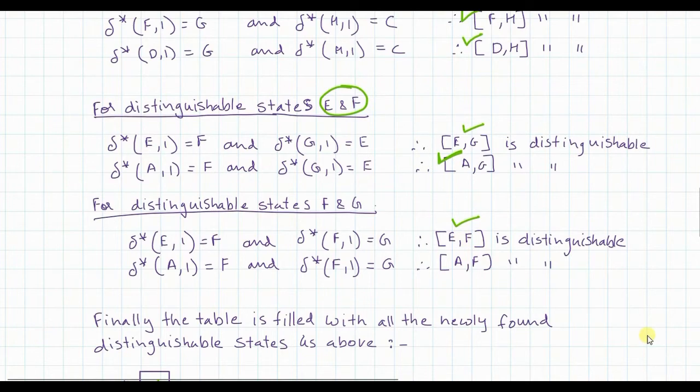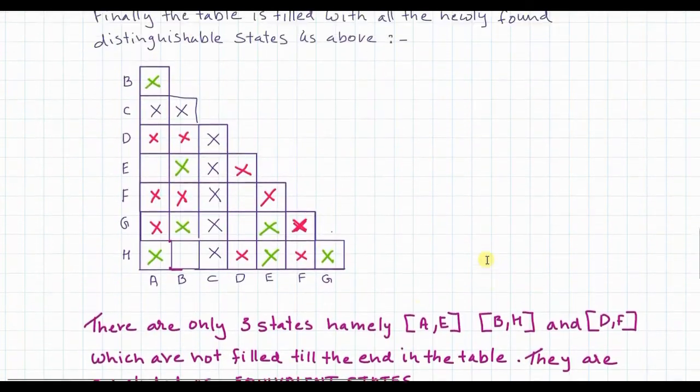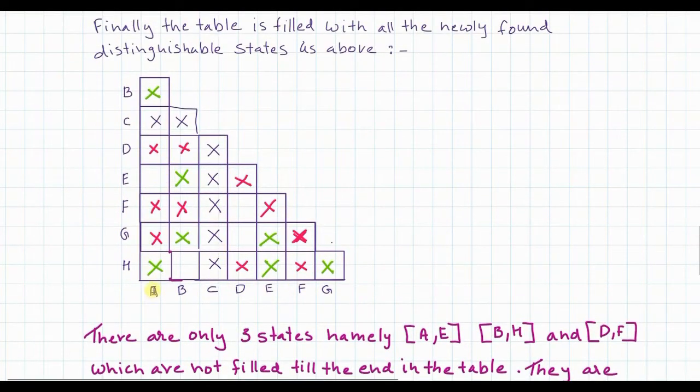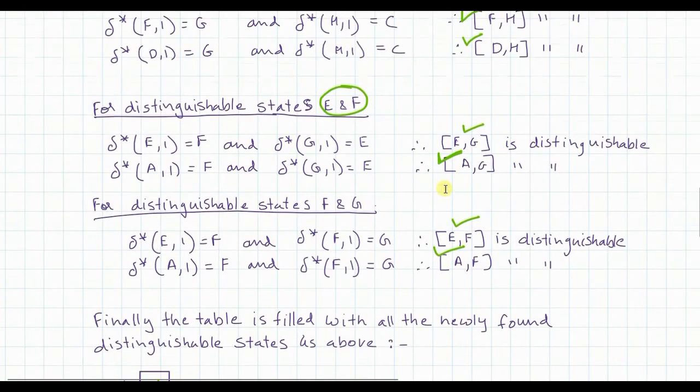Then also A on 1 gives you F and F on 1 gives you G. So A F happens to be the newly found distinguishable state, A F. So if you see the table, A comma F is already marked. So you don't have to mark it again. Now, shall we stop?